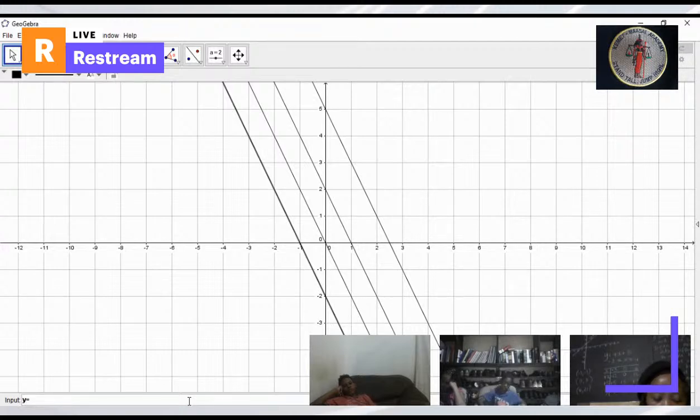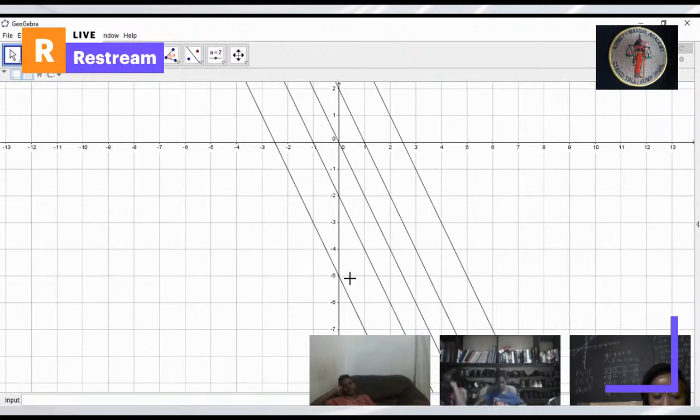So for y equals negative 2x minus 5, there we go. It cuts the y-axis at negative 5. So it's like you're taking the line y equals negative 2x and shifting it straight down along the y-axis to the point where y is negative 5.